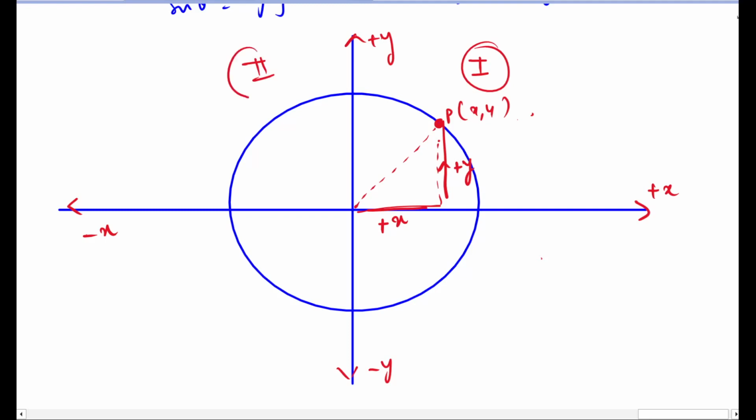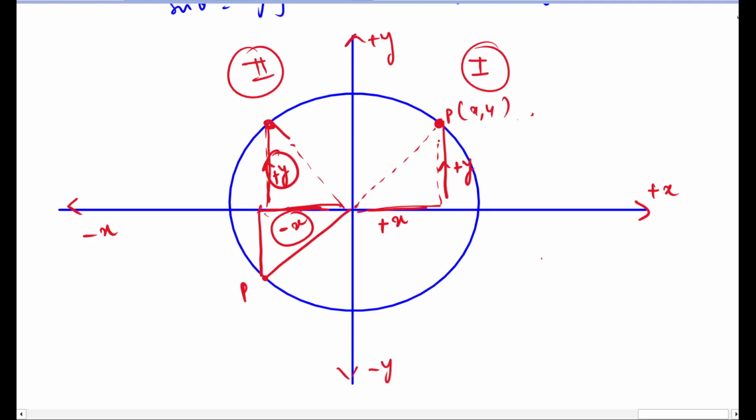Now if we take point P in the second quadrant, we get negative x and positive y. So sine theta is positive and cos theta is negative. Now if we take point P in the third quadrant, we get this triangle.